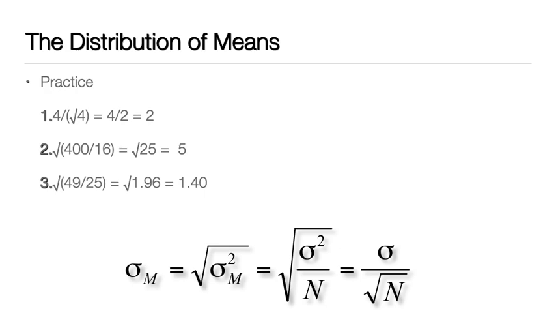We take the square root of that, and we have an estimated standard error of 1.4. So this is a really easy calculation. It's just going to be a very important calculation, because when we're dealing with distributions of means, they have a different kind of spread than distributions of individuals.